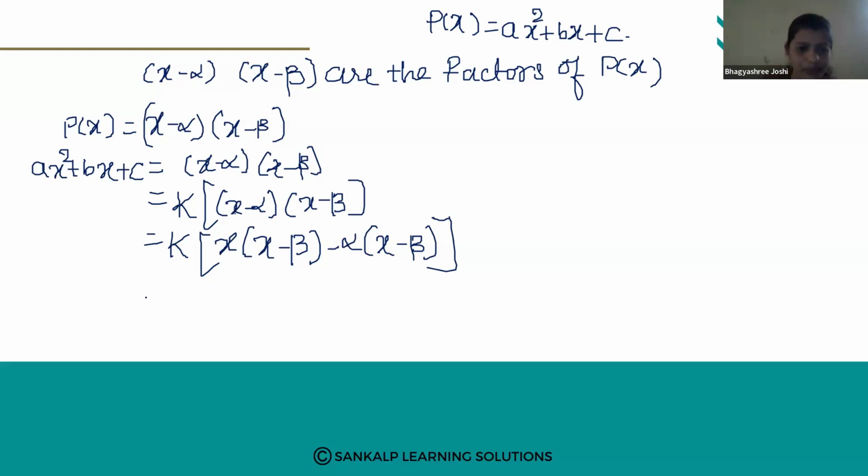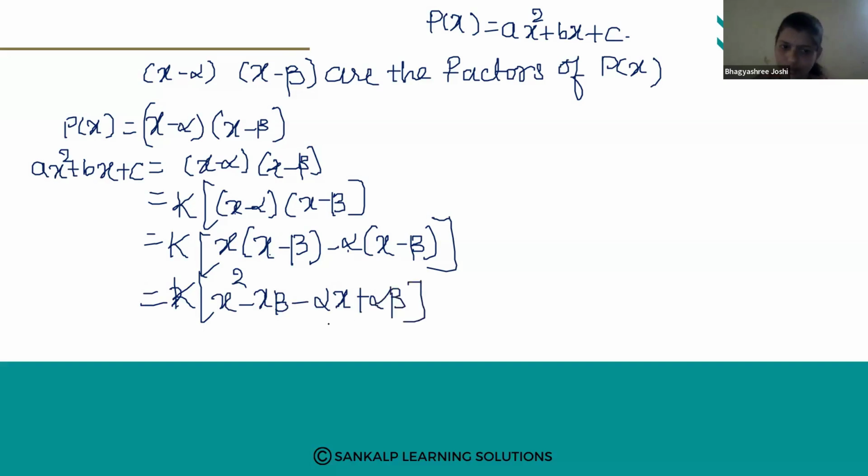Yes. Next, k into x into x square, x into minus beta, that is x beta, minus alpha into x, minus into minus plus alpha into beta, alpha beta. Right? Now, k is equal to k into x square and x, alpha into beta.